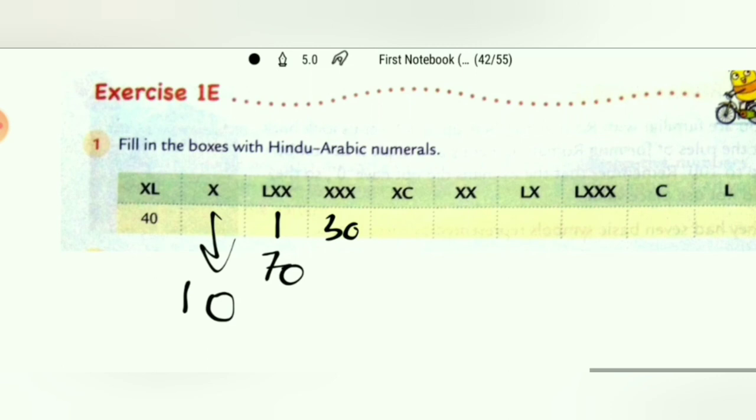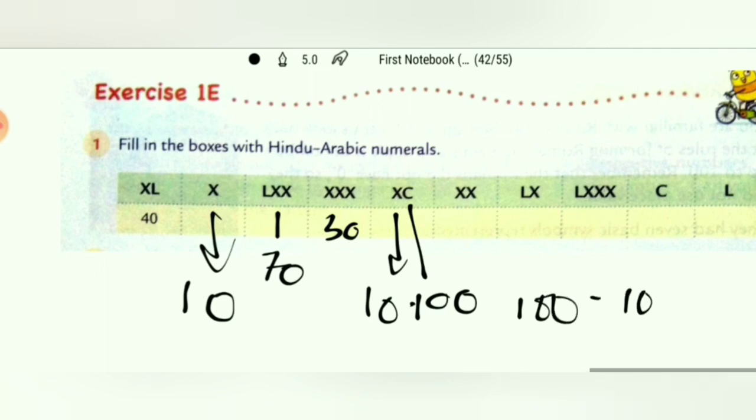Then this X is 10 and this C is 100. So the X is the smaller one. When we start from the smaller number, it means we have to subtract. So here 100 minus 10 will come 90. 90 means XC.